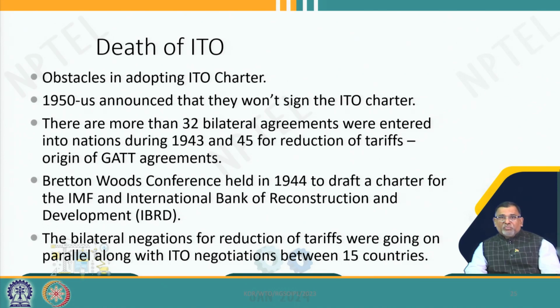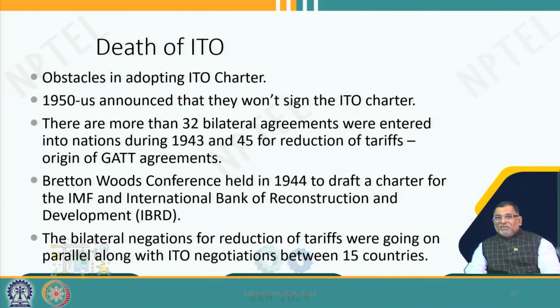Because even though many agreements were entered between nations for reducing the tariffs, in the GATT arrangement, 45,000 tariff lines were agreed upon between parties in GATT 1947.